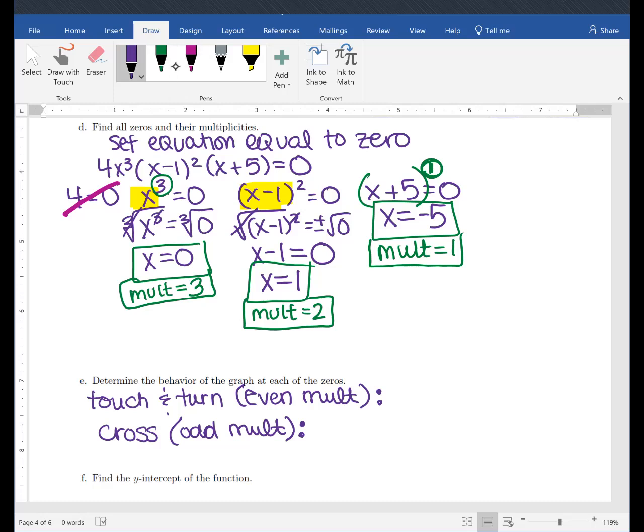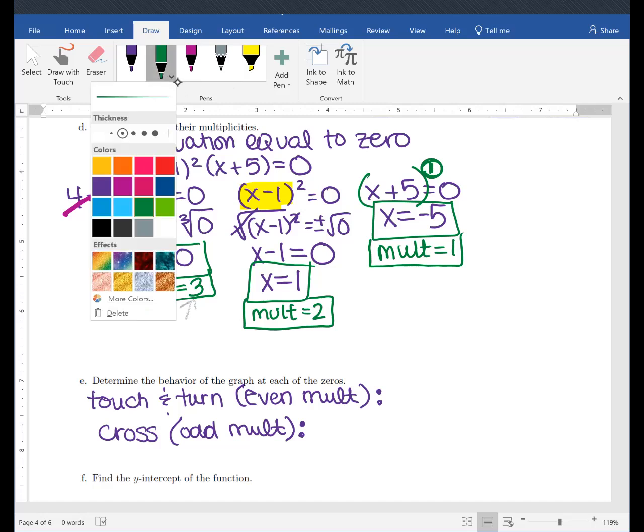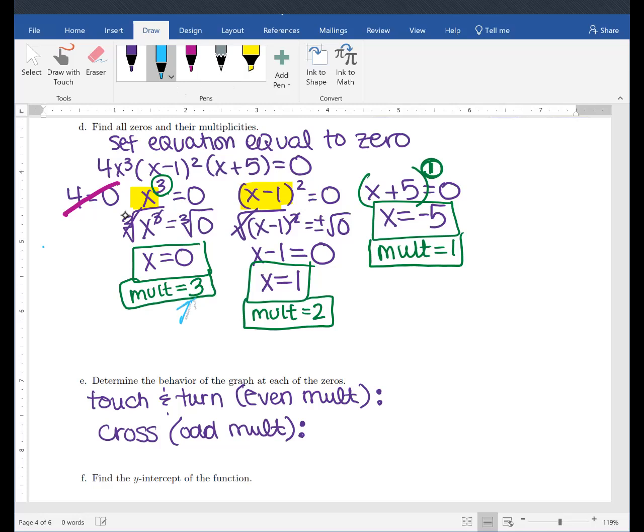So if we look back at our multiplicities, give me just a second, the pen I was working with, need a different color. Our 3 is odd, 2 is even, and 1 is odd.